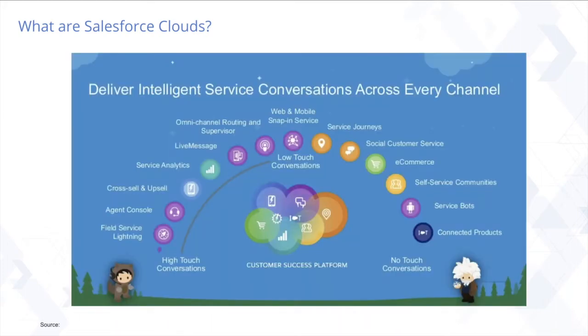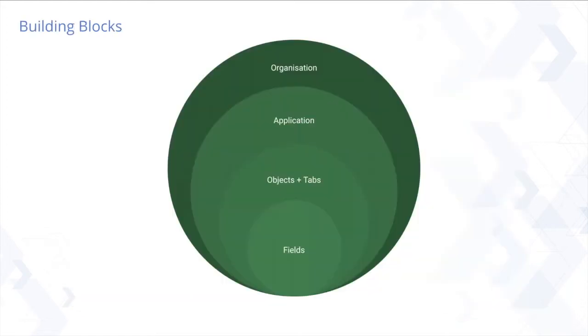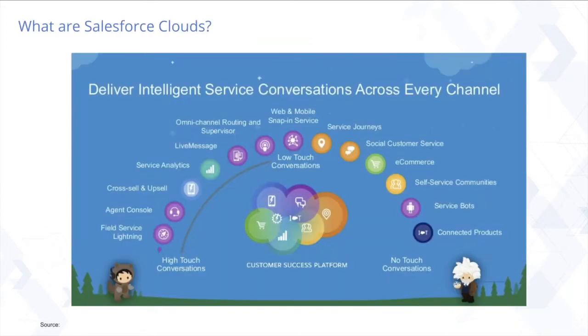Next, within the Salesforce Service Cloud itself, what are the different features? What are the different things that we're talking about? As I said, in Sales Cloud I gave you the example of leads and opportunities. Similarly, Service Cloud is about your customer service.